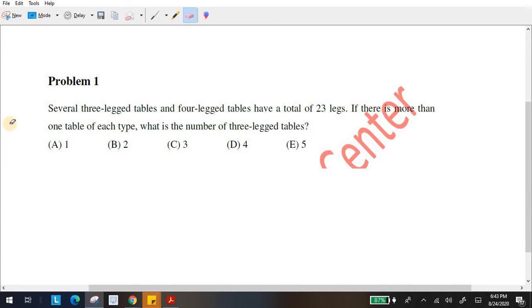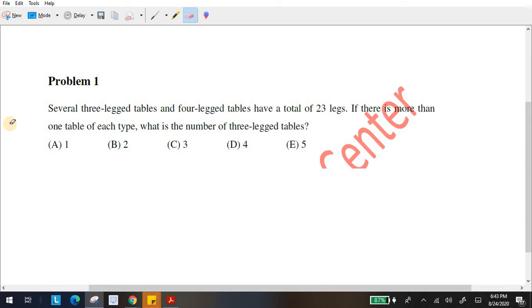Let's start with 1 y. If there's 1 y, that's going to be 12, and 4 x's, and that works. So that means there are going to be 5 three-legged tables and 2 four-legged tables.